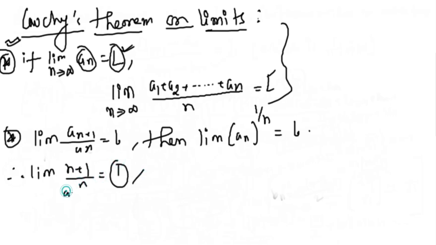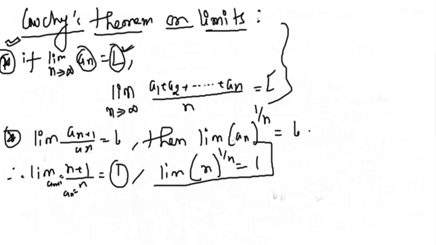So this says our an is 1, right? An is n here, so that's why n plus 1 is n plus 1. So it says that limit n to the power 1 by n is actually equal to 1. That's how easy it is to apply. So you can apply this kind of theorem almost everywhere.